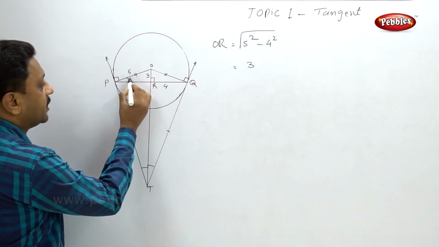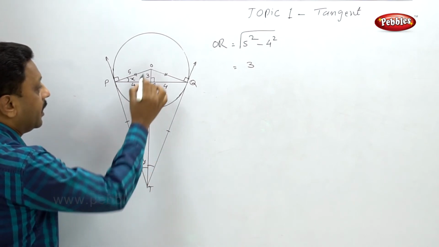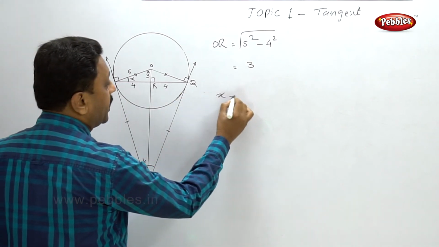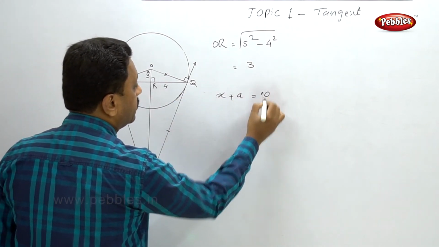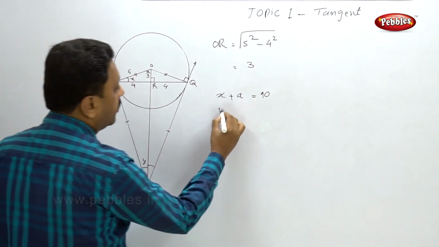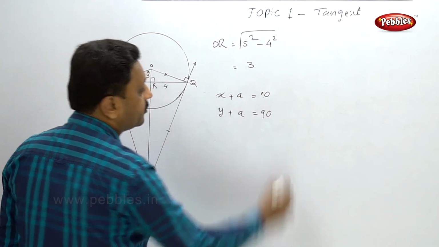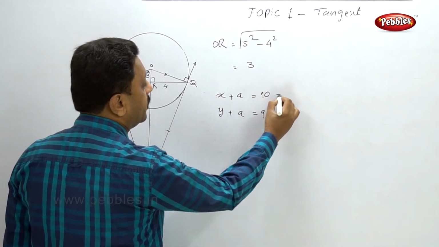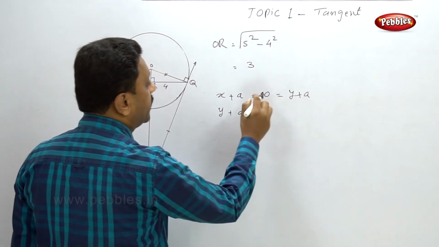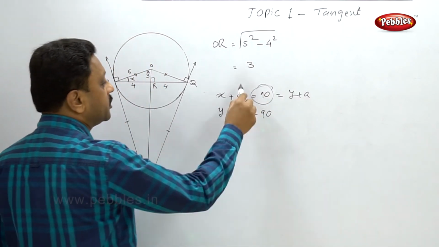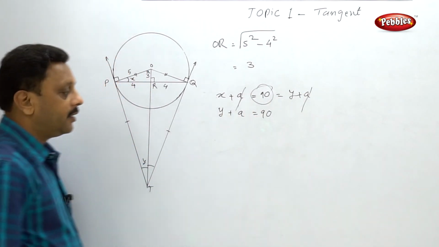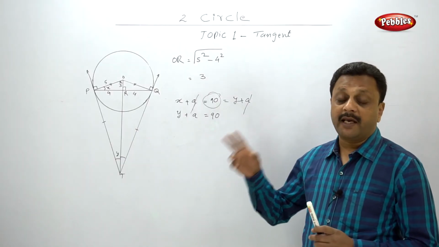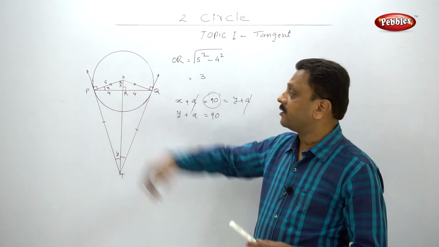Let us call this angle X, this angle Y, and this angle A. So X plus A is equal to 90 and Y plus A is also equal to 90. Can I equate both? I will just eliminate A. So X is equal to Y. Here we can now prove by the test of similarity that these two triangles are similar.